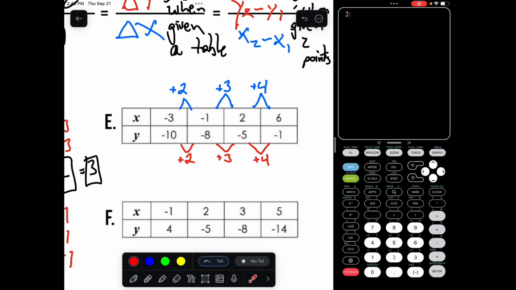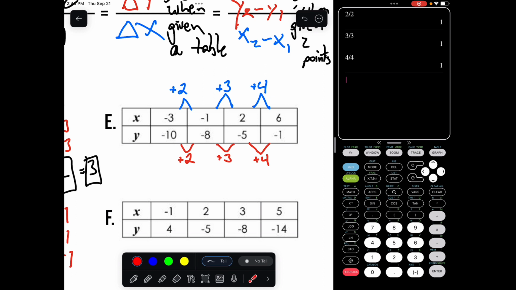So if I go on my calculator and I say 2 divided by 2, I get 1. Now if I look at my next 2 points, I have a change in y over a change in x. 3 divided by 3 is also 1. My next 2 points, I have my change in y over my change in x. So 4 divided by 4 is also 1.